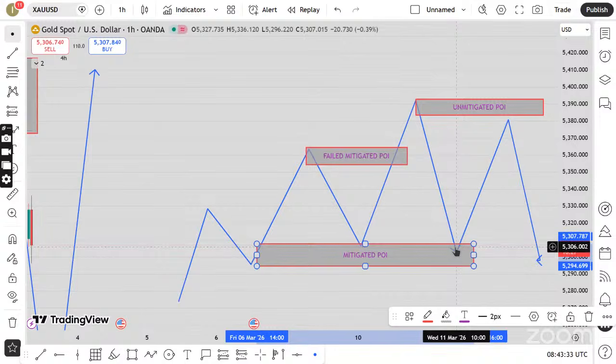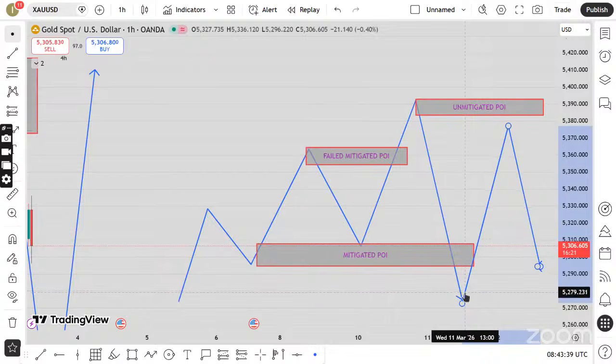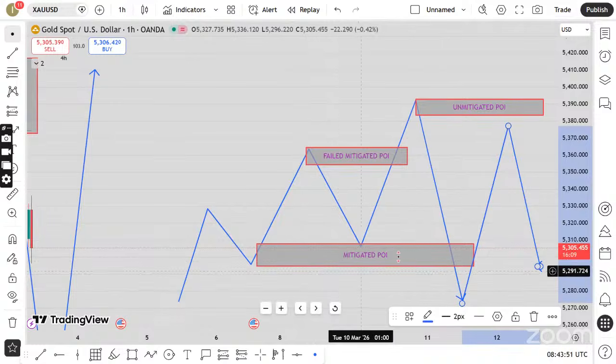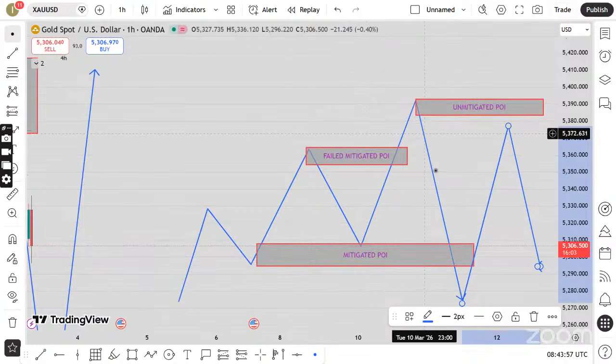All right? Because what happens in that situation is people, it's more like I have experienced a certain level before. Why should I use it again? So if a POI has been used for the first time, the moment price is coming back to that POI, it is hard to be respected.